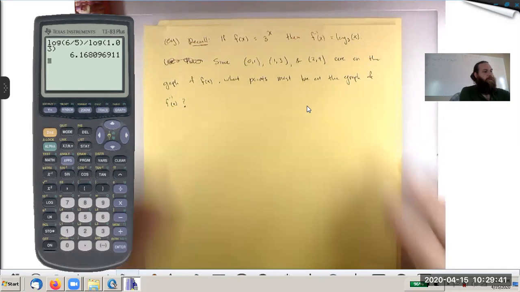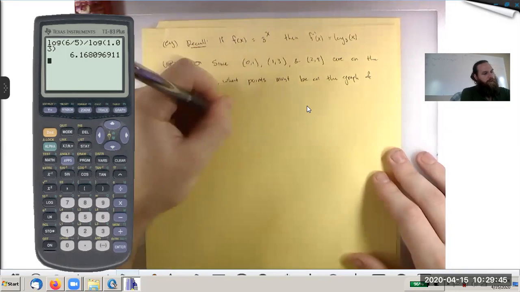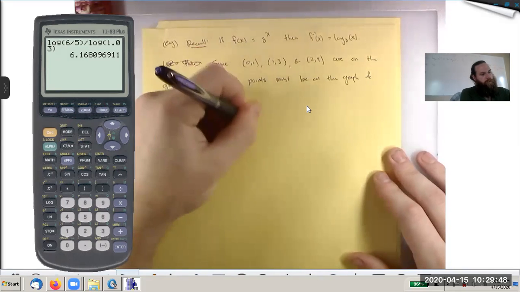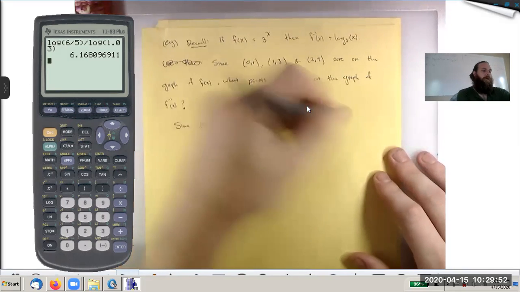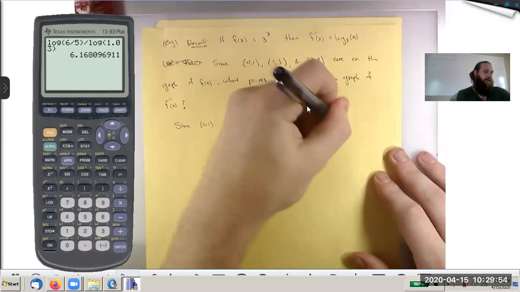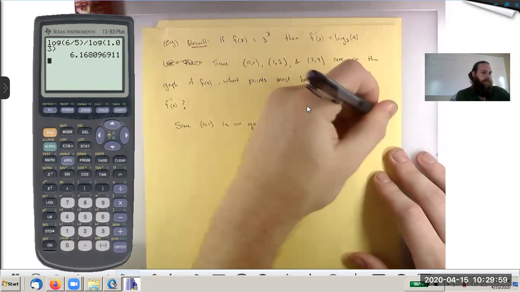So let's start with (0, 1). Since (0, 1) is on the graph of f, what point is on the graph of f inverse?